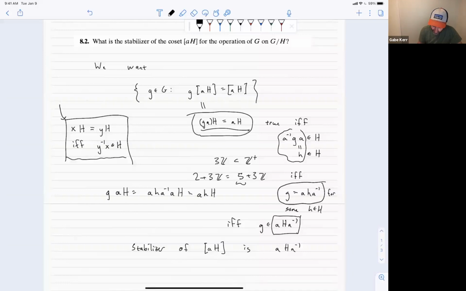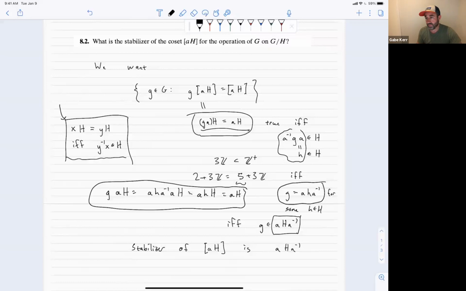Because you get that cancellation, but h times H is still H. So this is AH. If this is true, then you clearly can see that it is in the stabilizer. But the converse also has to hold. If it stabilizes the coset, then it has to be a conjugate of some element of H by A.